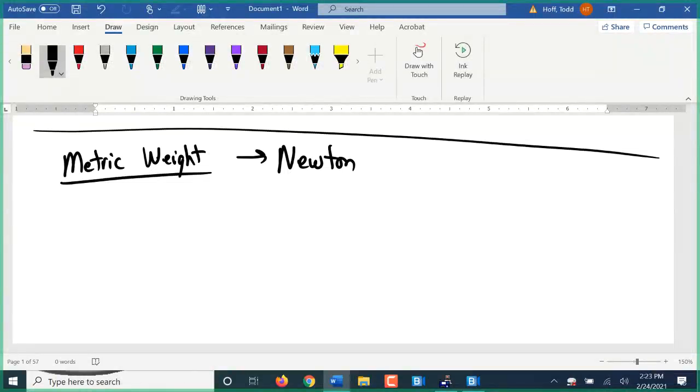Now because the Newton depends on gravity, it doesn't fit into the nice, neat little mold of the rest of the units, everything being multiples of 10 or whatever. 1 kilogram would actually weigh about 9.8 newtons under the standard force of gravity.